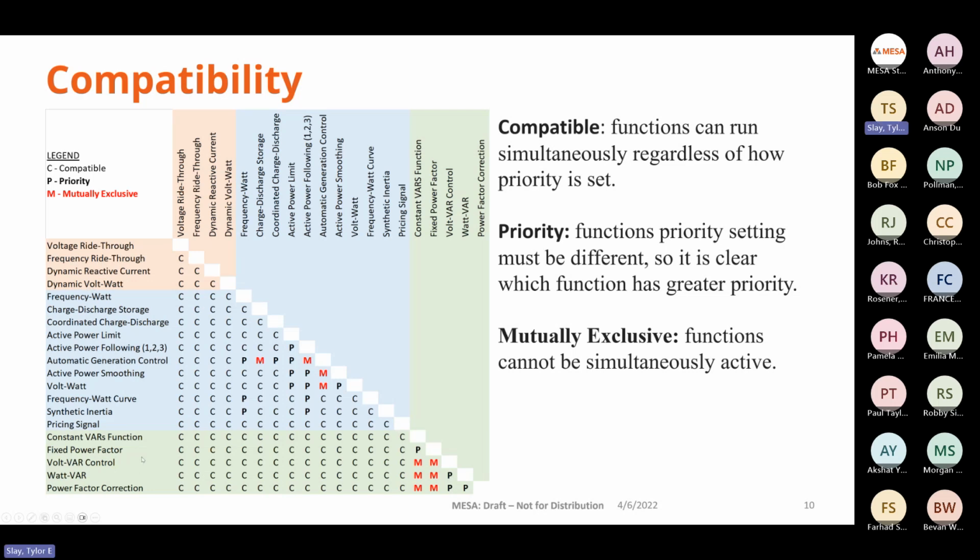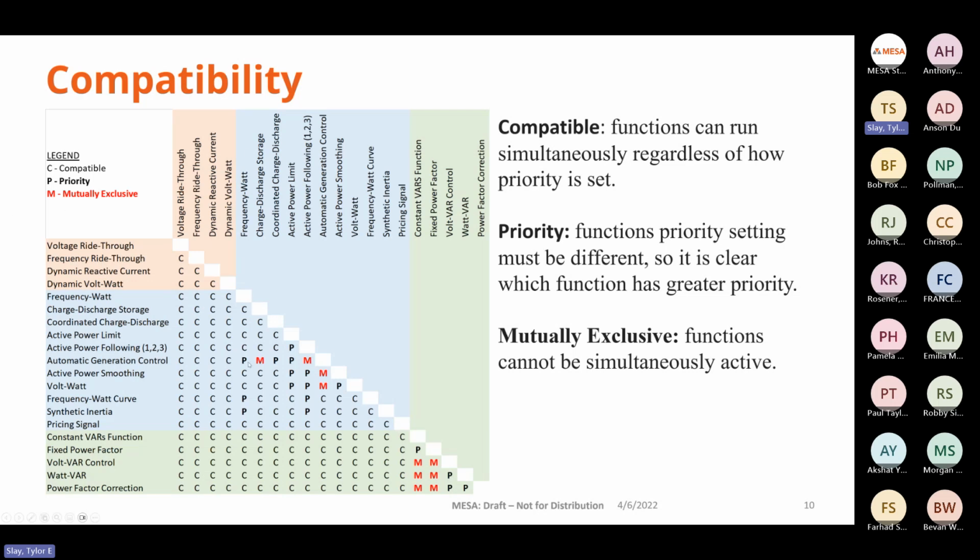We have synthetic inertia and price signaling. Then when we get into the reactive controls, we have constant VAR function, fixed power factor, volt VAR control, watt VAR, and power factor correction.